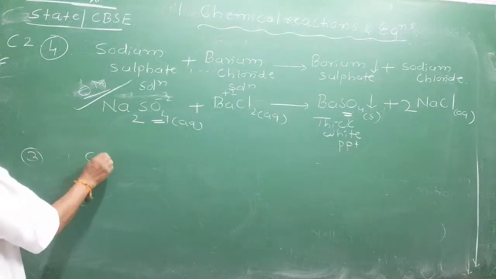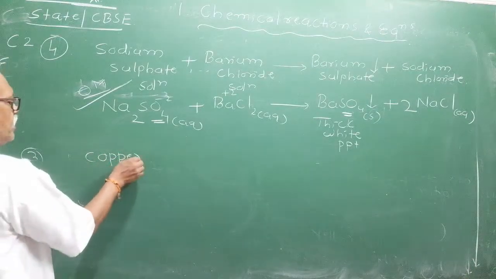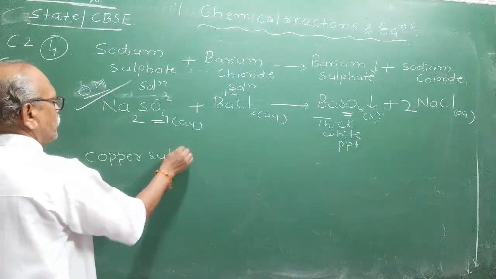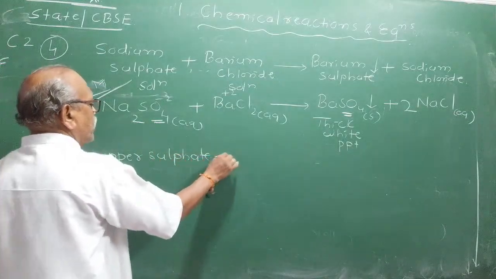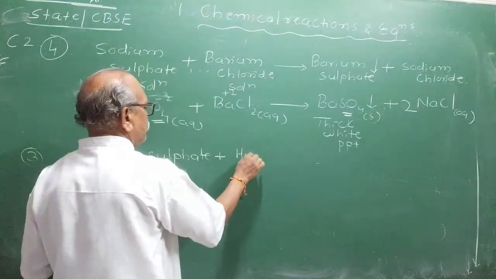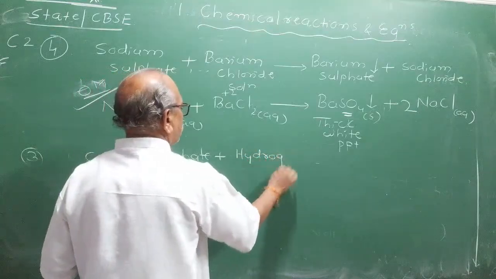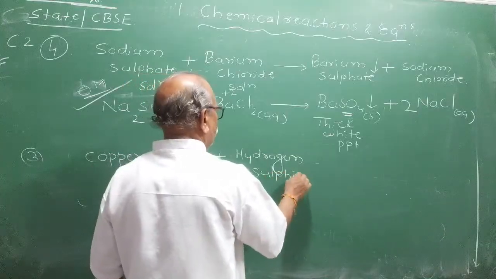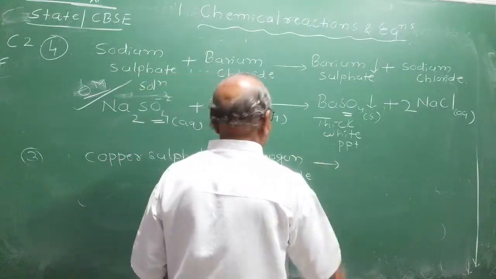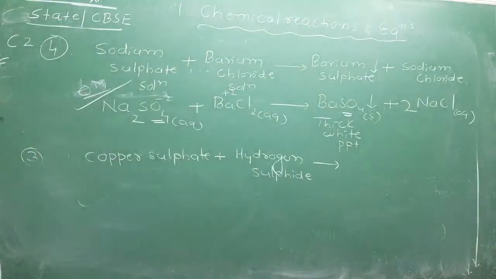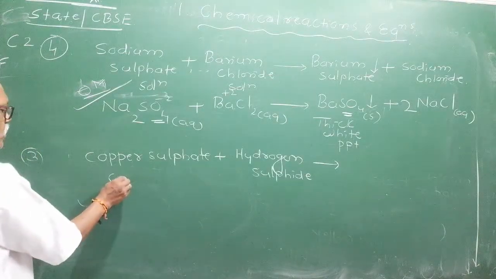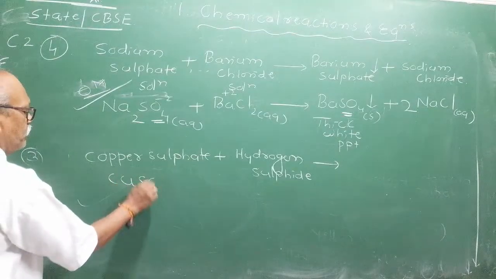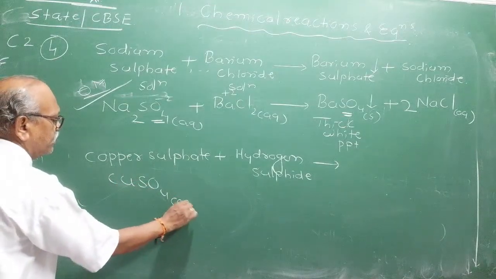You take copper sulfate, another example. When you pass hydrogen sulfide, one extra reaction for you. Guess the products. Write the formula first. What is the formula of copper sulfate? Copper sulfate, very popular, we have used it a number of times.